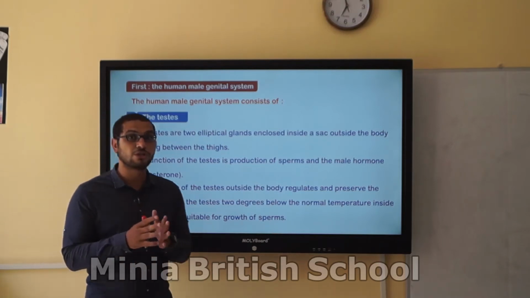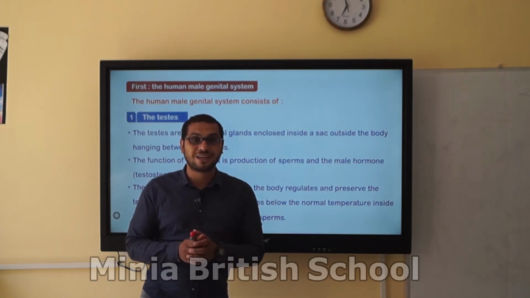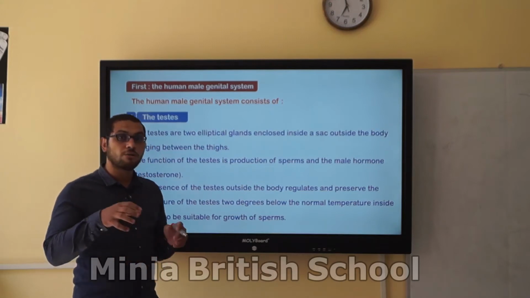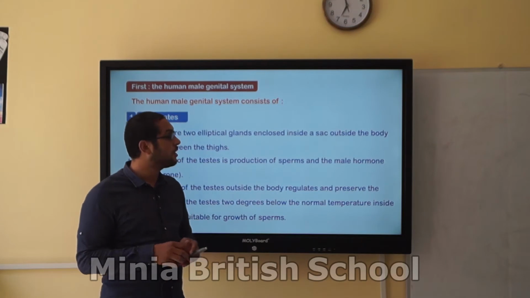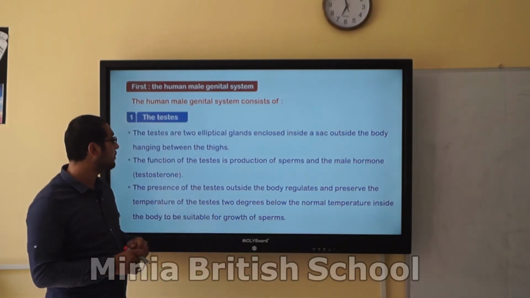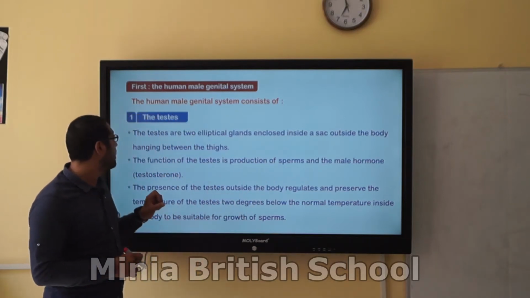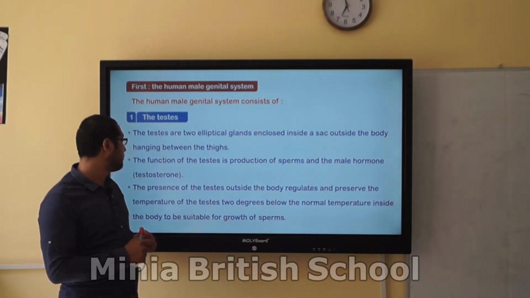They take an elliptical shape, and they are located outside the body in a sac called the scrotum, hanging between the sides.